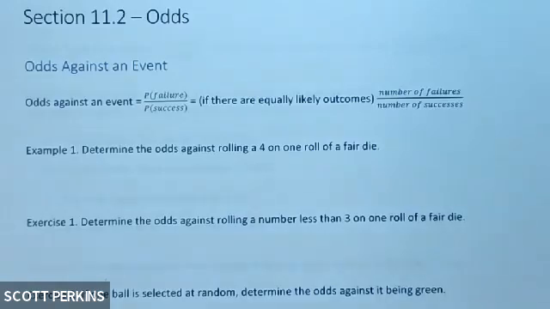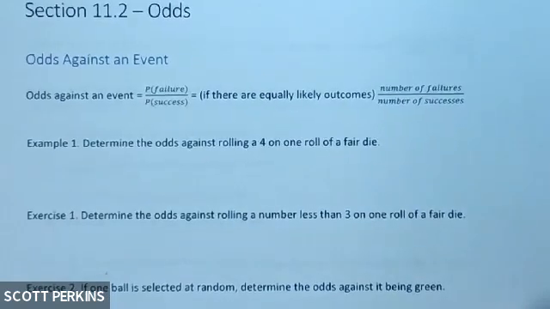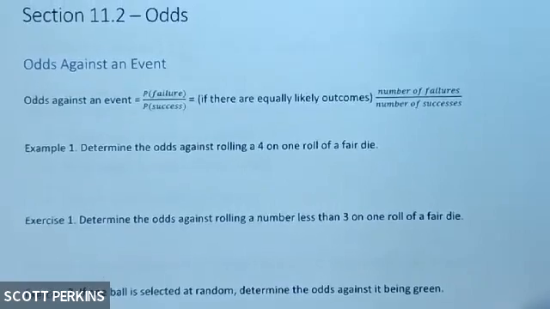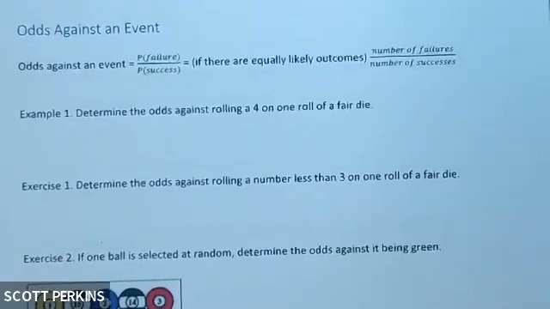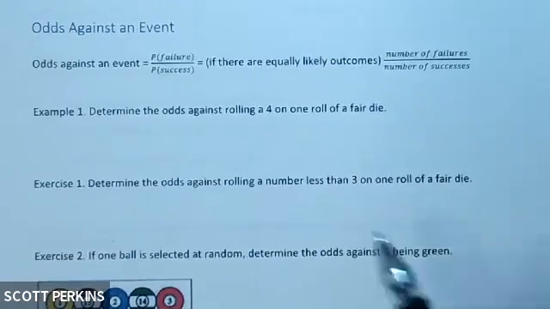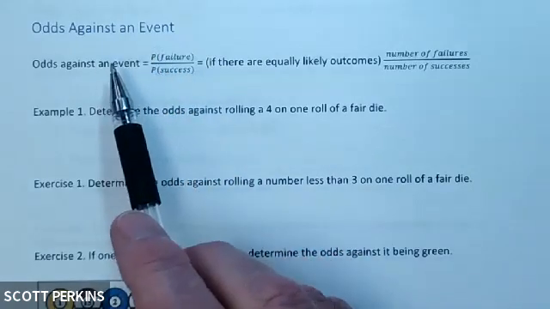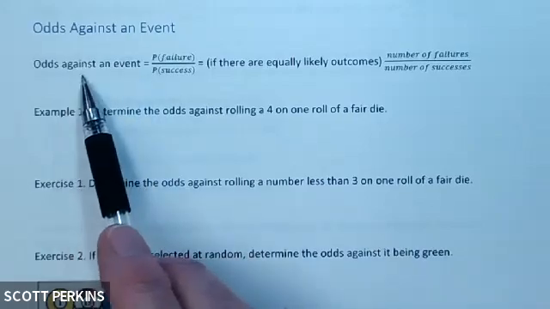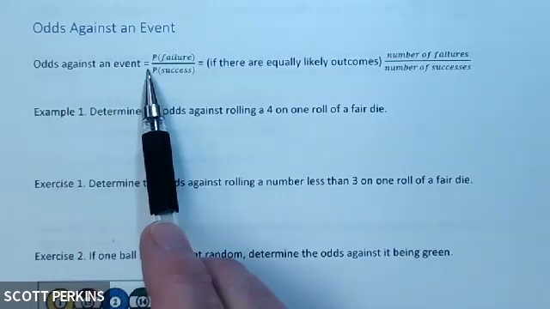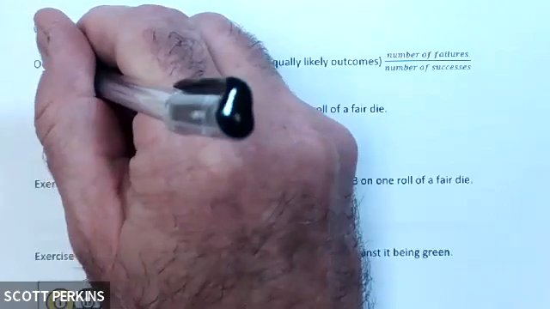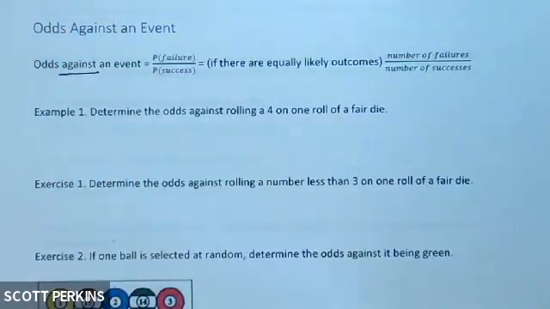So there's a slightly different relationship that is used sometimes, and it's called odds. What we're going to start with is odds against an event. The way you calculate it is a slightly different relationship. So notice it's the odds against something happening.